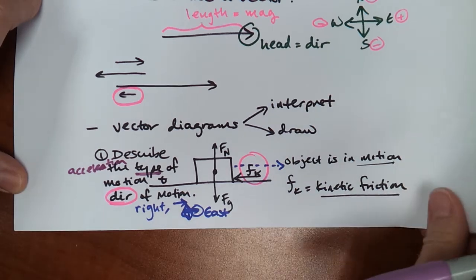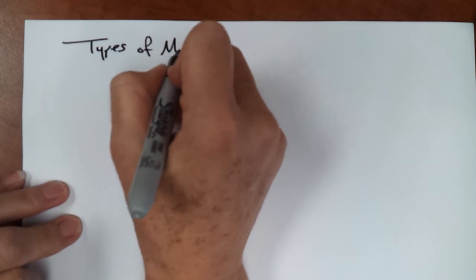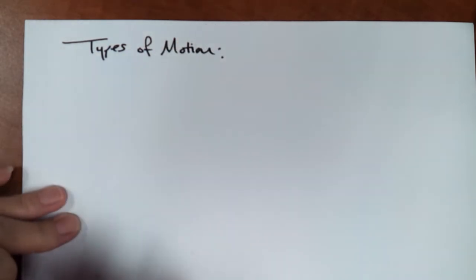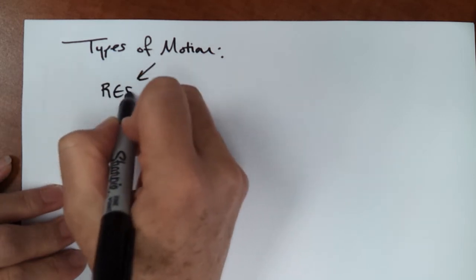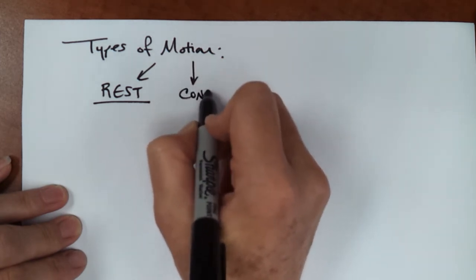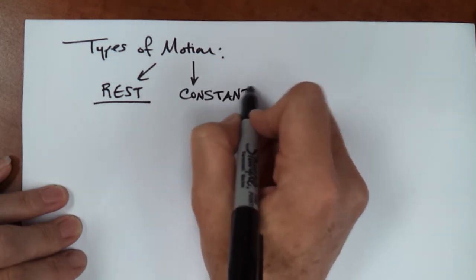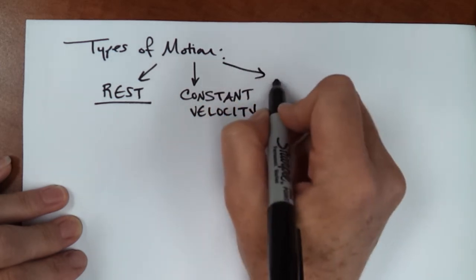Okay? So let's review the types of motion. So there are three basic types of motion: rest, constant velocity, and acceleration.